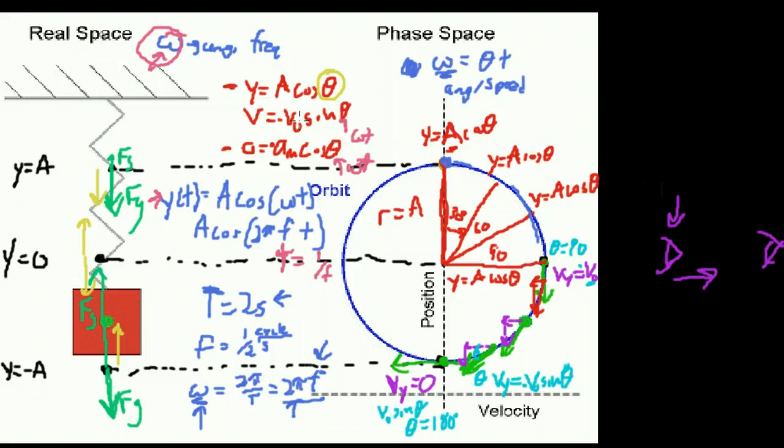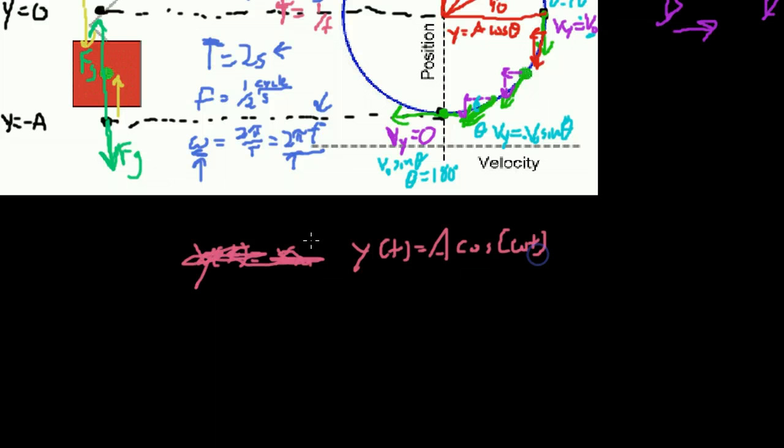Now there's one last thing that I want to point out because it's kind of super awesome. So I had this equation, y of t equals the amplitude times the cosine of omega t, and we had that the acceleration as a function of time was equal to the opposite of the maximum acceleration times the cosine of omega t.